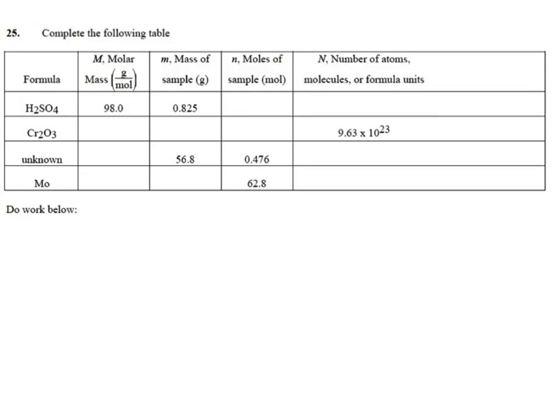It says do your work below, so you need to be showing that work. Let's work a couple of these. If I have sulfuric acid, the molar mass is 98.0, the mass is 0.825 grams, I need to find the moles and the number of atoms.